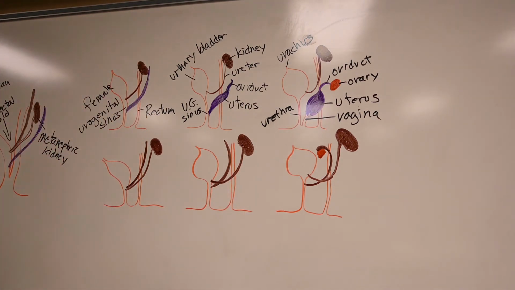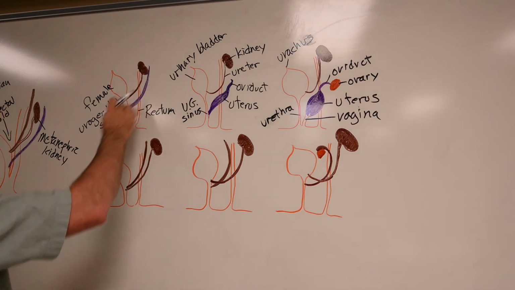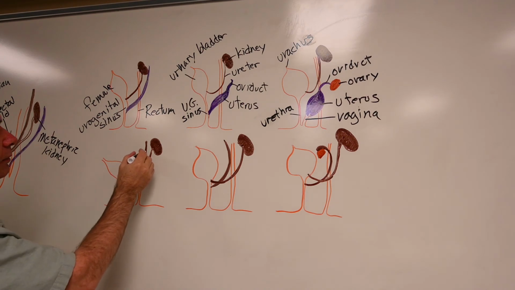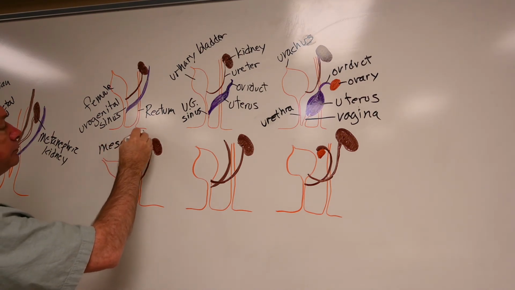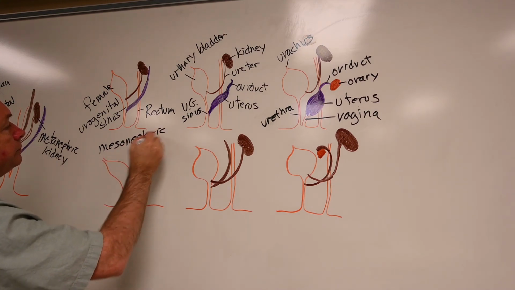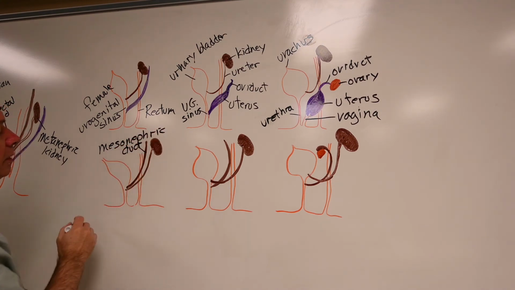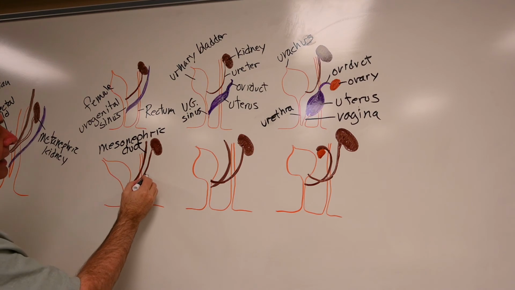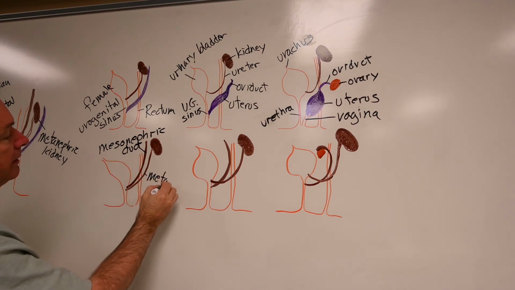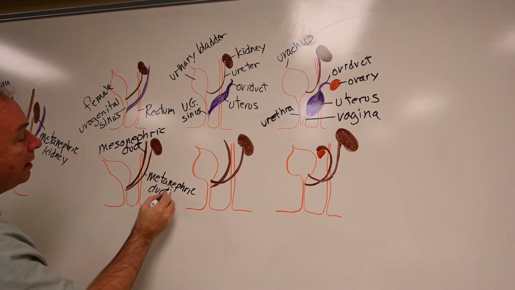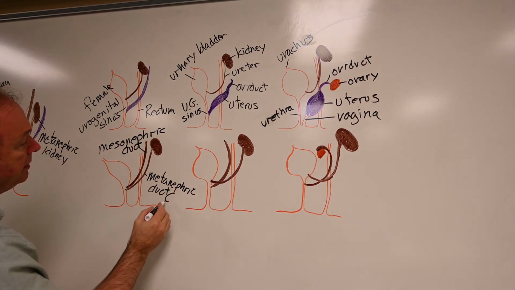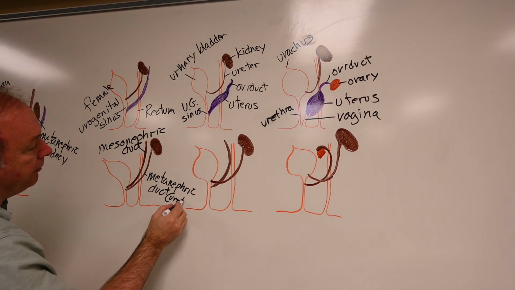In the male, the next column across here, we lose that Mullerian duct and we keep the mesonephric duct. We have the mesonephric duct and we have the metanephric duct. Also known as the ureter.